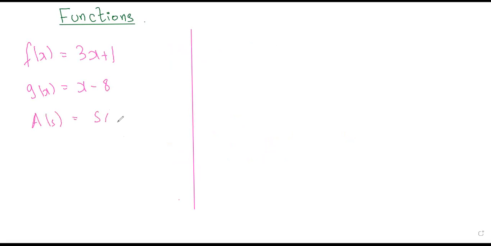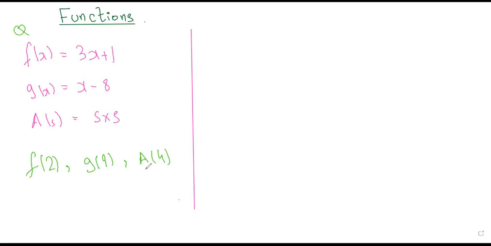And you have been asked to compute the values of f of 2, g of 9, and a of 4. These are some questions. You need to find these 3.